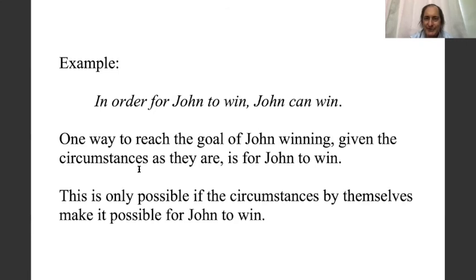but it actually is doing something, because the can, as a teleological modal, tells us that we have to keep the circumstances the way they are. Okay? In particular, the circumstances relevant for John winning.